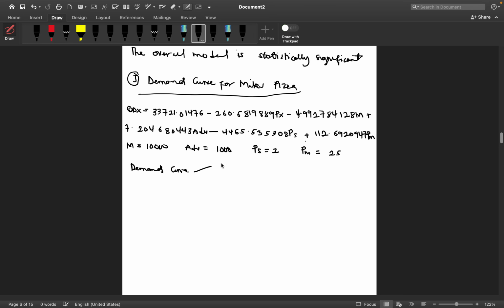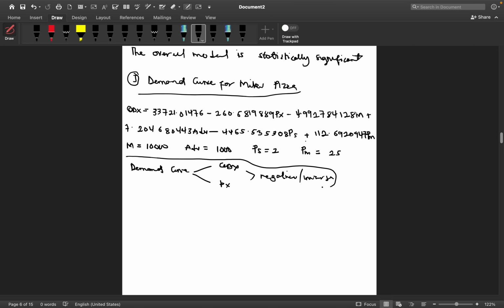Now, the demand curve shows a relationship between quantity demanded of a good and the price of that same good. So there is a negative or inverse relationship.